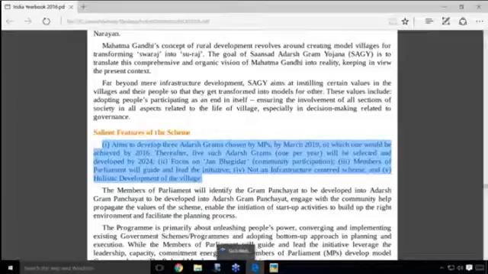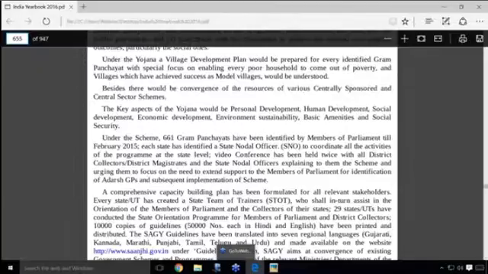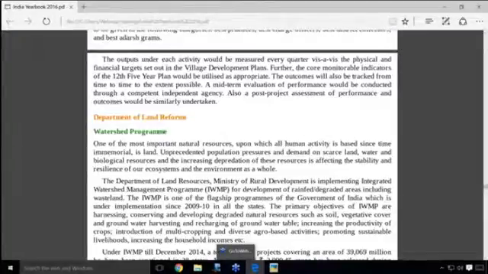So please underline this: not an infrastructure centered scheme. You are focusing on holistic development of the village, right? So this entire program is important for you. Then see page 728, important from the mains point of view, read once. From prelims, what I have marked is enough.